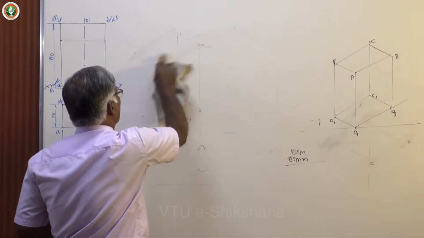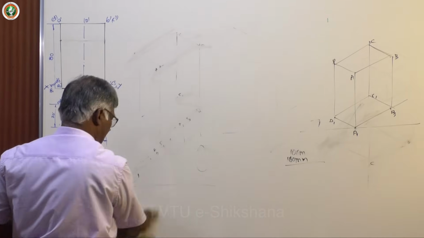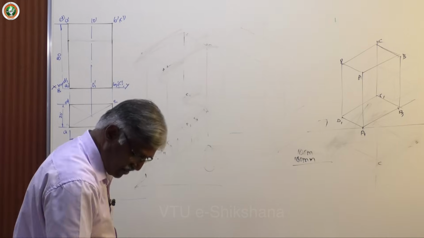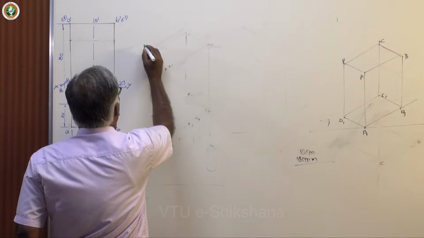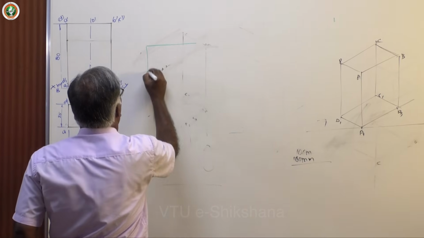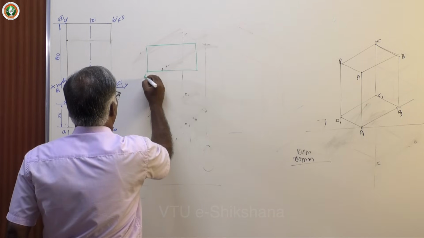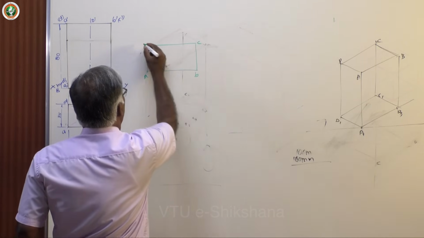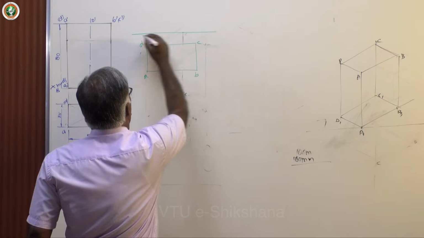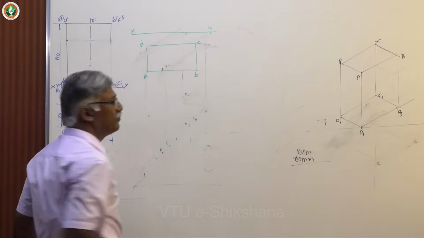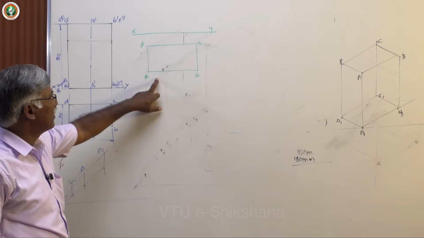Now, let me have rectangle as the reference. Yes, lamina. This is A, B, C, D. This is top view of the arrangement, I can say. Don't worry about the front view.